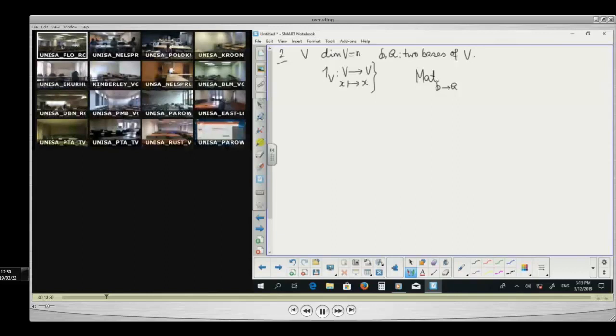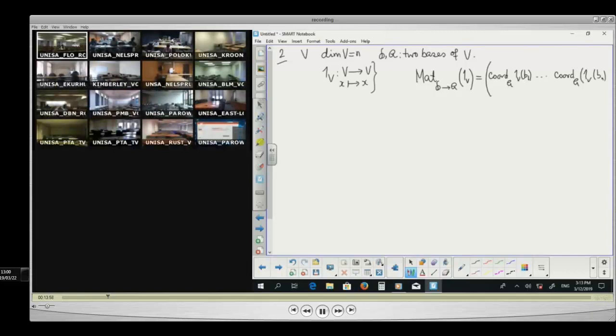And I want to look into this. By my formula, this is coordinates of A of 1V of V1, and so on. This is coordinates of A of 1V of Vn.